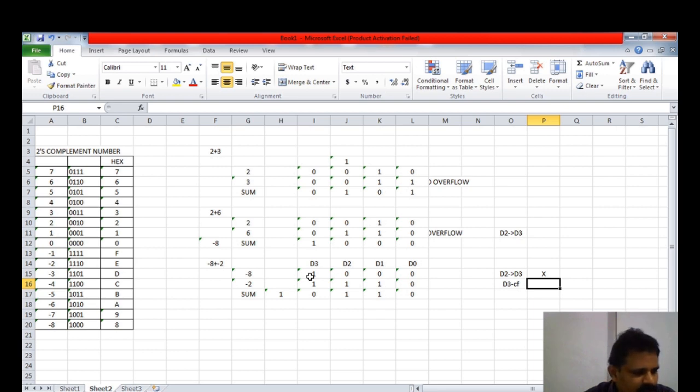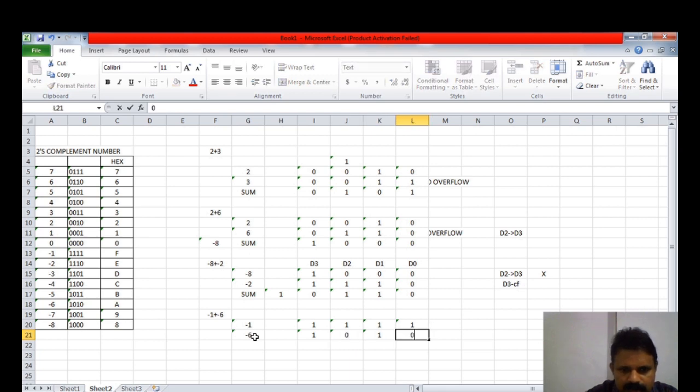Let us take another example: minus 1 plus minus 6. What is the pattern for minus 1? It is F, that is 1 1 1 1, and minus 6 is A, 1 0 1 0.